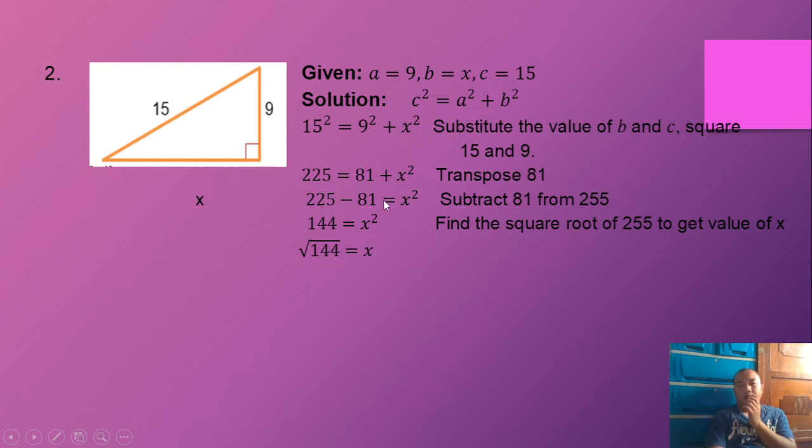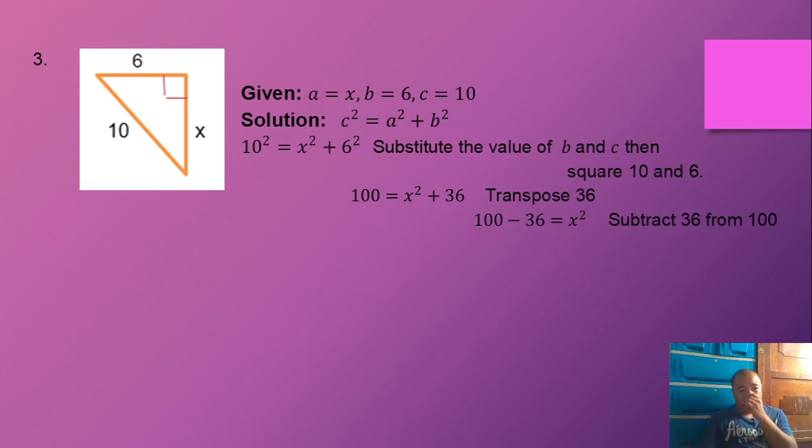So 225 minus 81 equals x squared, which is 144. Get the square root of both sides. Find the square root of 144, which is 12. Therefore, side B is equal to 12.